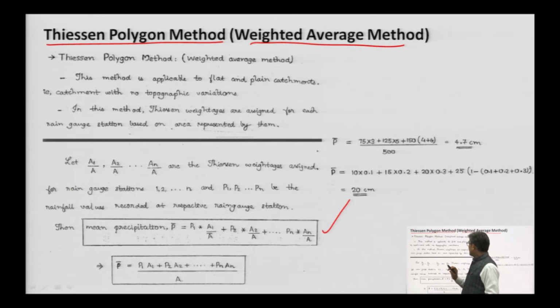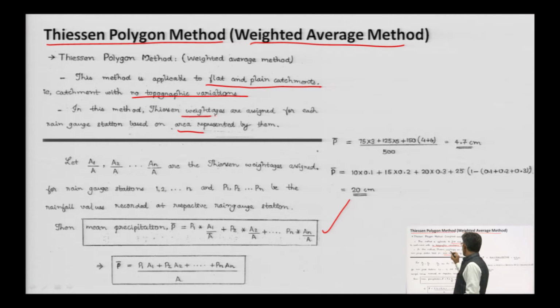In this method, a flat and plain catchment is also required, and topographic variation should not be present. Thiessen weightages are assigned to each rain gauge station based on the area represented by them.